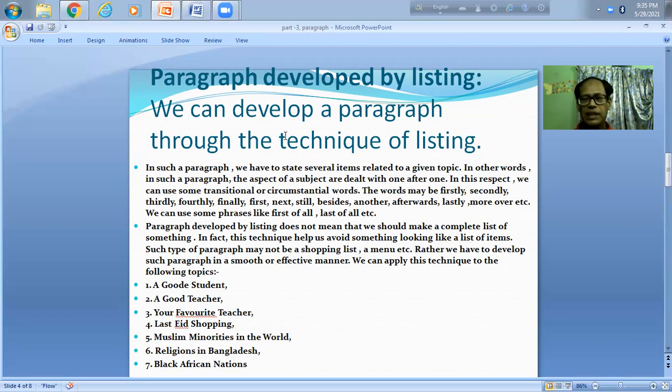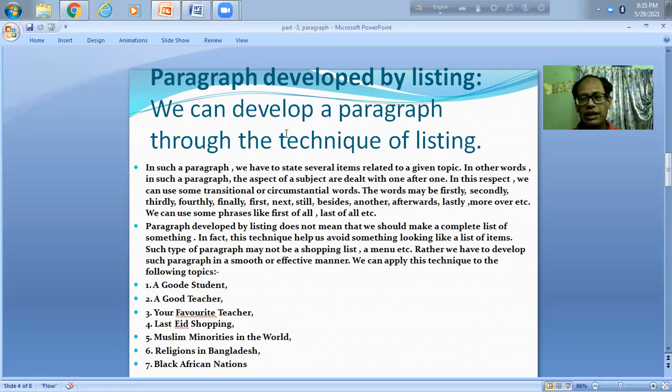Actually, it's not like a menu or a shopping list or a grocery list. It looks like a list, but it is not written in phrases.